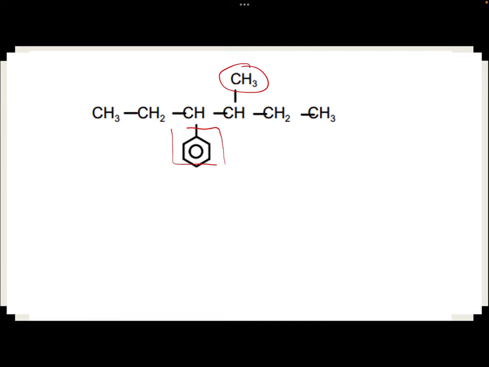We look at the parent chain and we number it based off of where our phenyl is located, as well as where our substituents all are. They are located around 3 and 4.